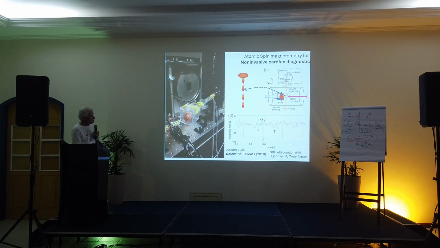You take your paper cell, you optically pump it, you probe it, and the magnetic field generated by the heart affects the spin, and it moves according to the heartbeat.